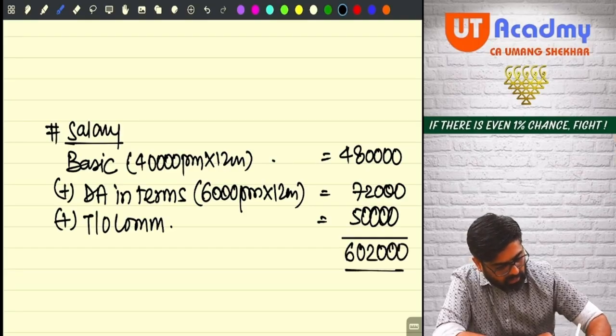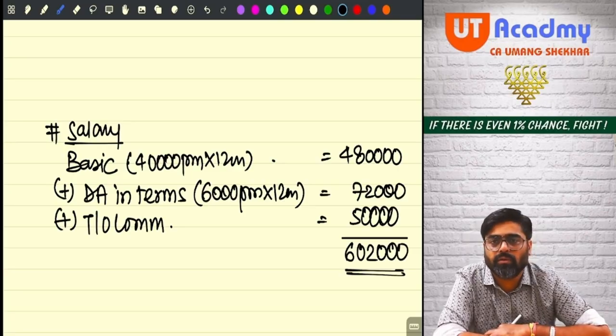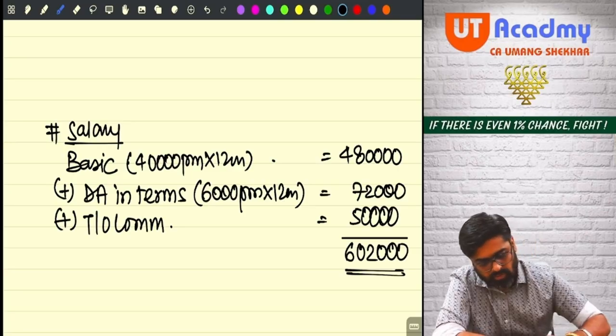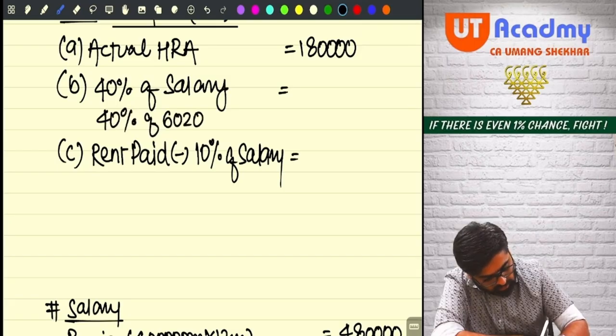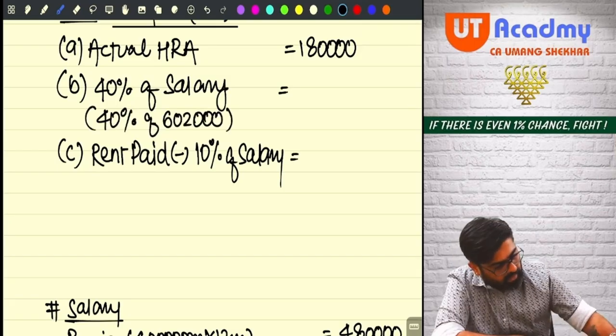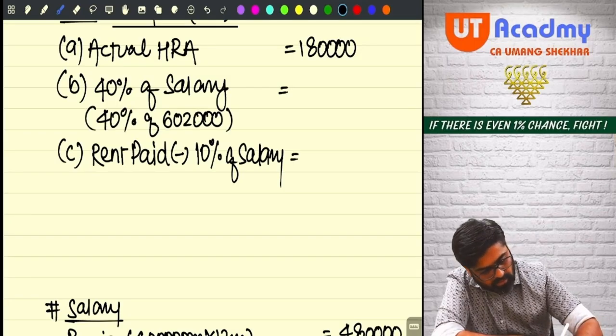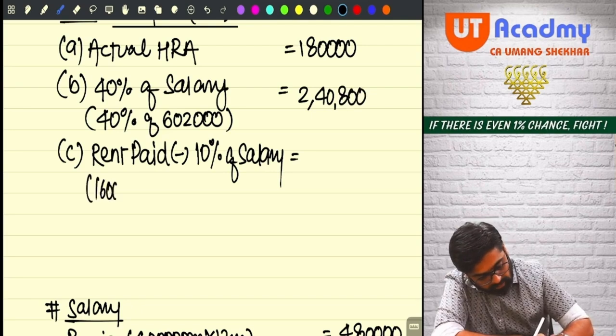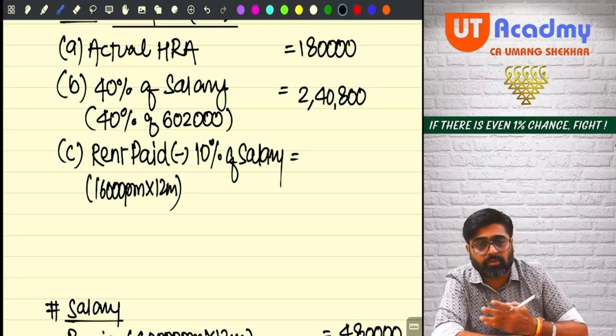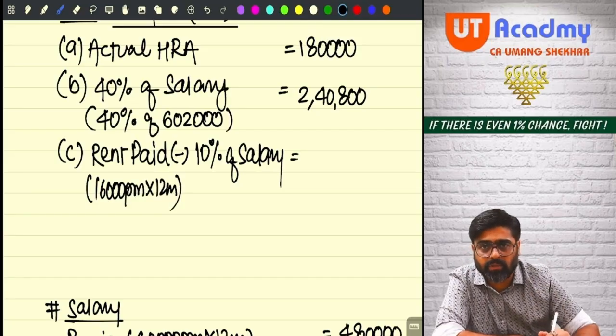Can I say this 6,02,000 is salary? So if 6,02,000 is salary, I have to do 40% of 6,02,000, which will be 2,40,800. Now rent paid is 16,000 per month in Kanpur, and for the entire 12 months I would have paid the rent if nothing is mentioned.